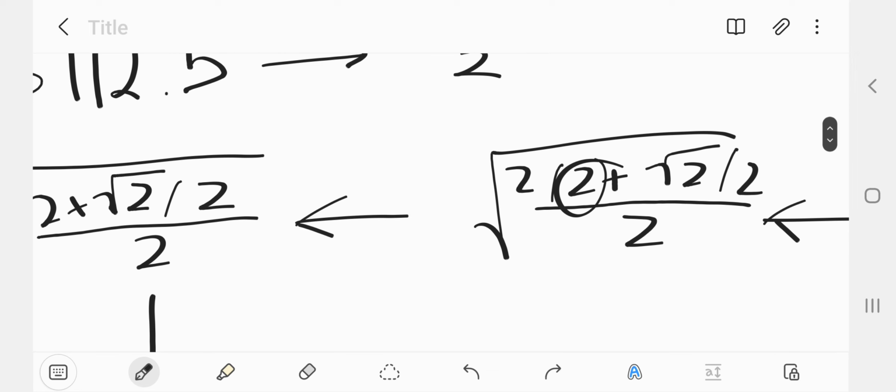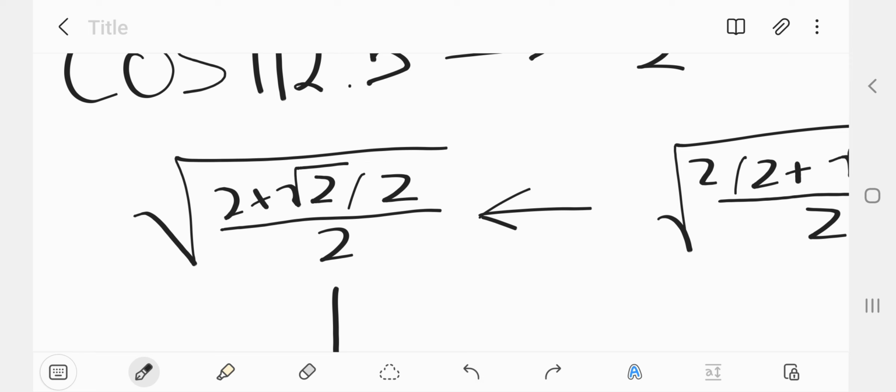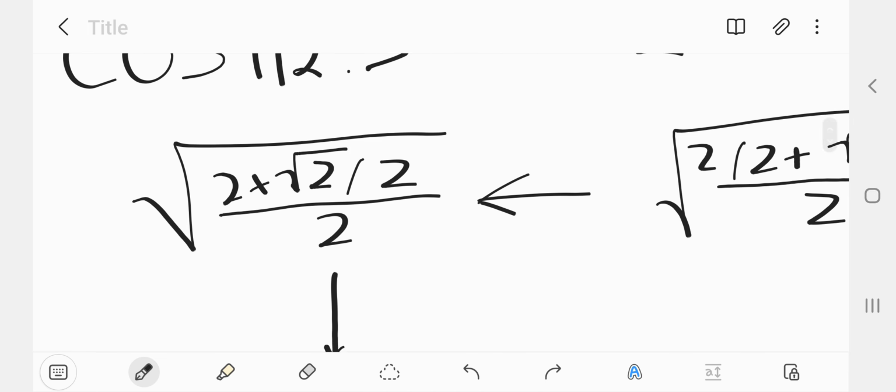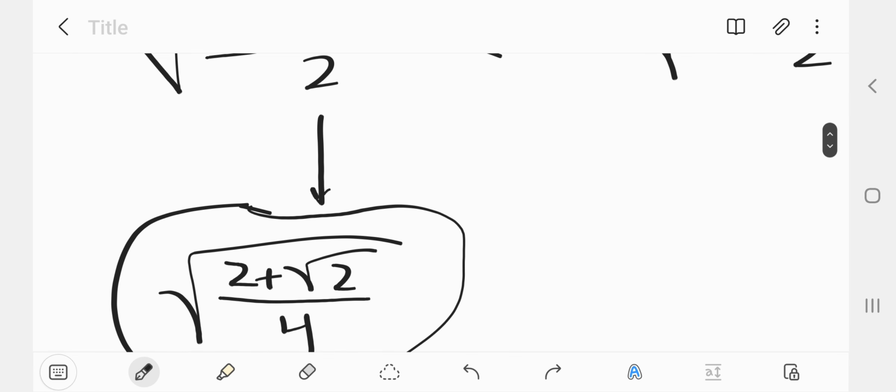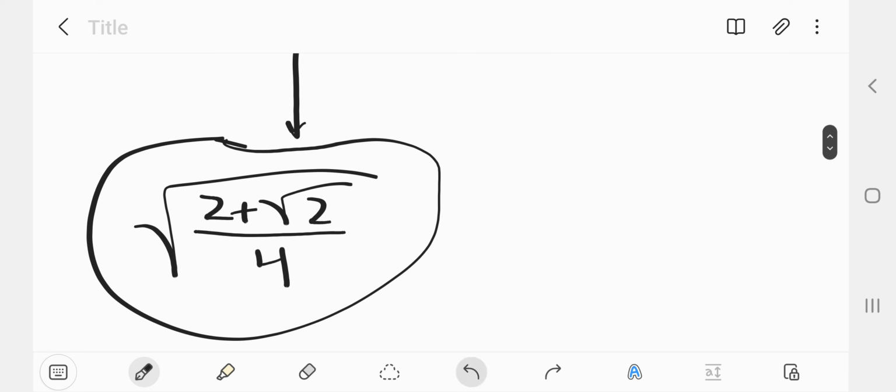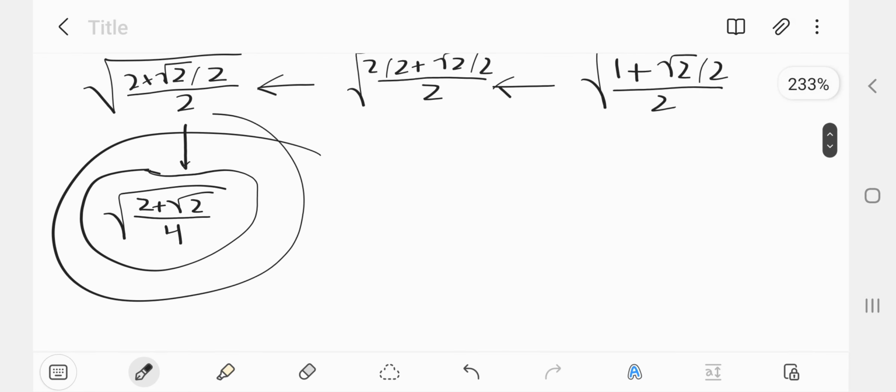So now this will be 2 plus root 2 over 2, and then over 2 again. You could imagine this as 2 plus root 2 over 2 times 1/2, so that would be 2 plus root 2 over 4. And then we get our answer here.